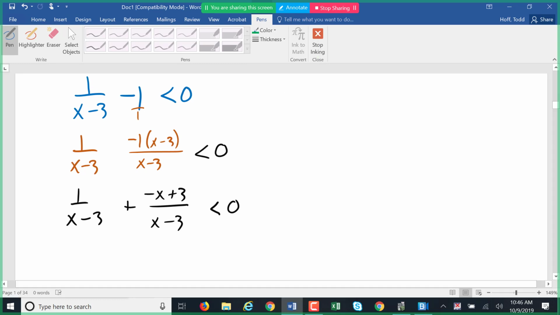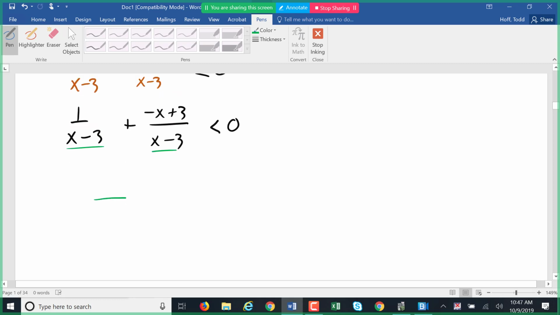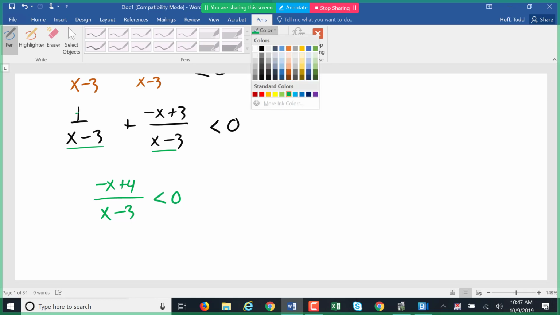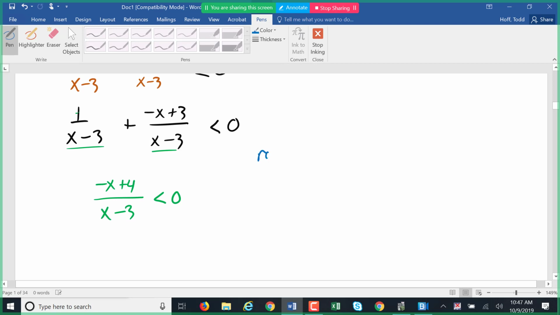I can combine here. I have the same denominators, so it's going to be x minus 3 in my denominator. 1 plus negative x plus 3 is negative x plus 4. I combine the 1 with the 3 to make 4. Less than 0. So I find my roots. That's where negative x plus 4 equals 0.